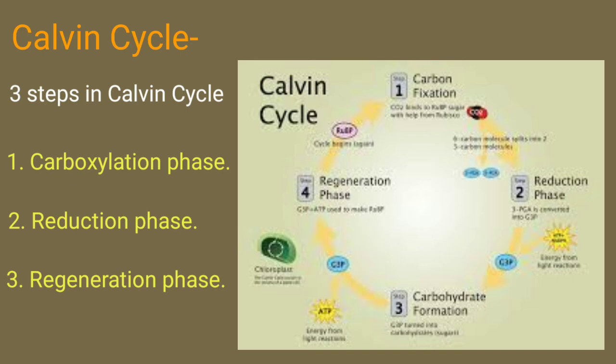One is the carbon fixation step, which is also called the carboxylation phase, then the reverse glycolysis process, that is the reduction phase, and the regeneration of RuBP, which we call the regeneration phase. And this is how the Calvin cycle is finished, and we get the glucose molecule from carbon dioxide.